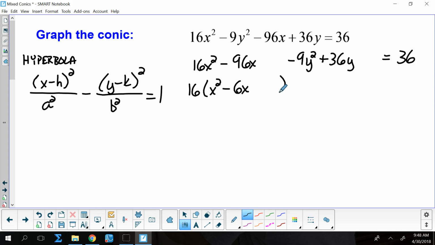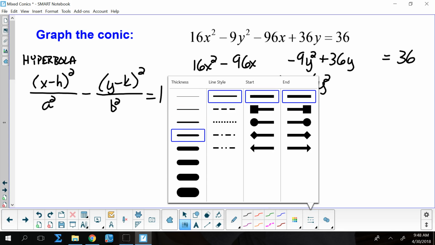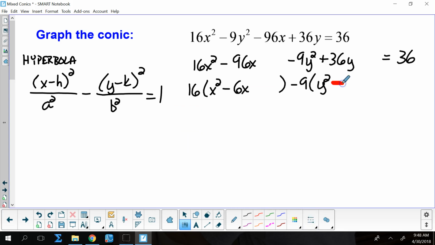Negative 9. If I factor out a negative 9 here, that leaves me with positive y squared minus 4y. That sign changes in a hyperbola because you're factoring out a negative.